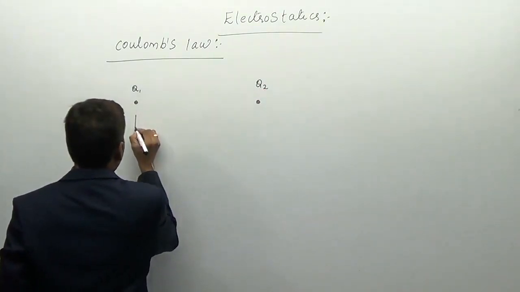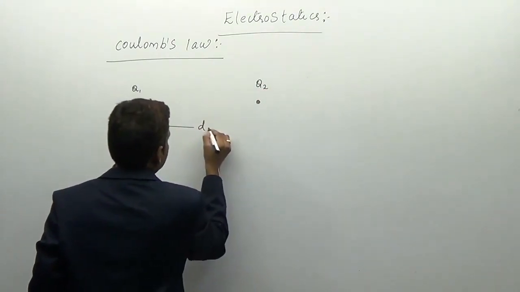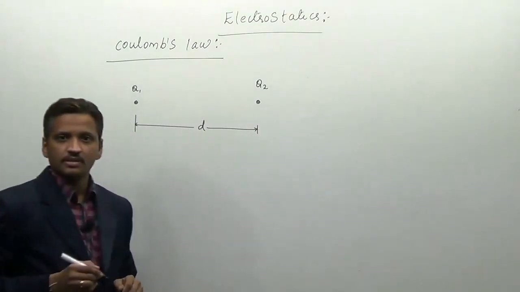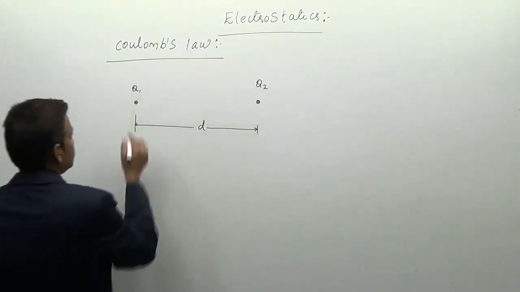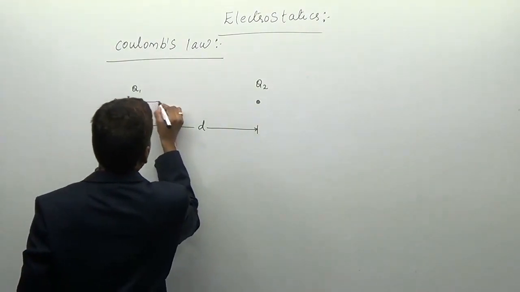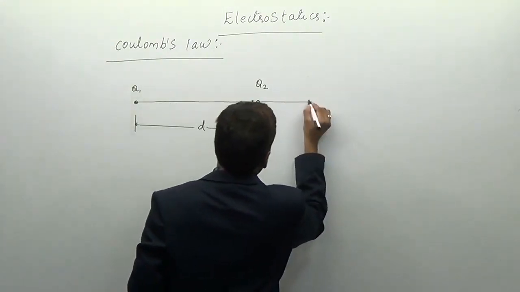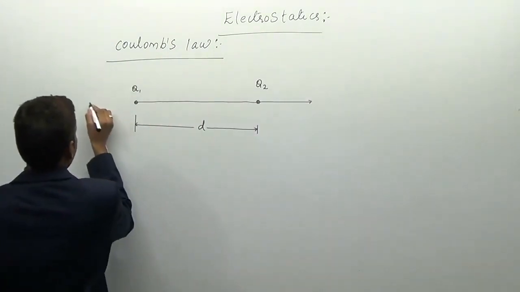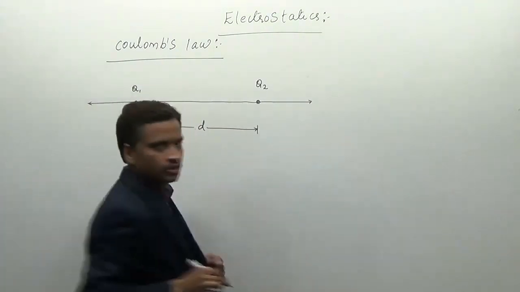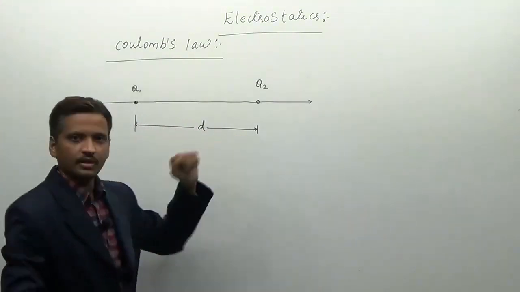These two charges are separated by some distance d. You just join them with a line. This is the line joining the two point charges, and the separation distance is d.